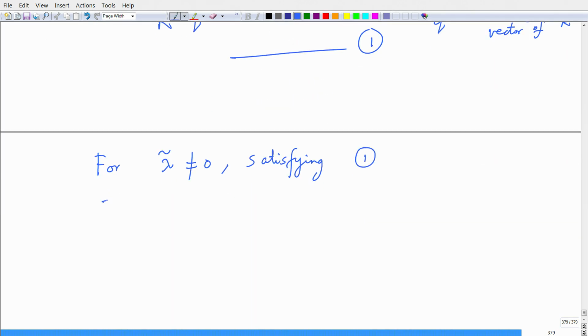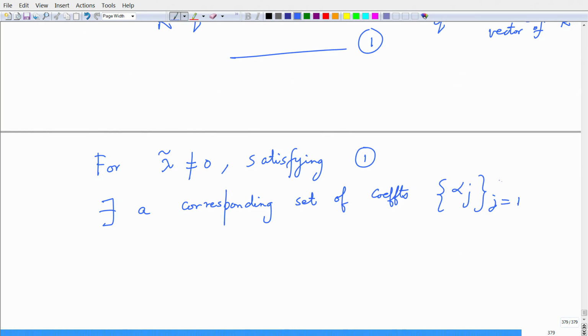There exists a corresponding set of coefficients alpha j, j equals 1 to capital N, so that I can express Q tilde as a linear combination of my elements in the feature space.